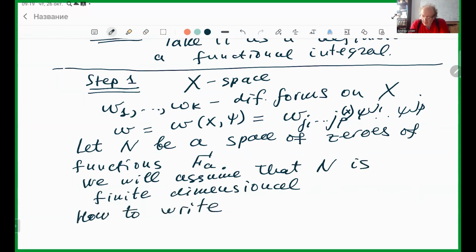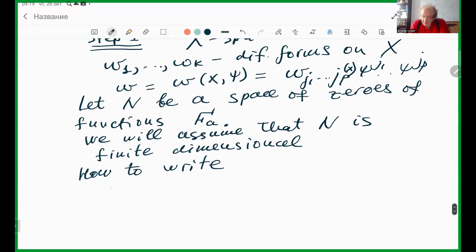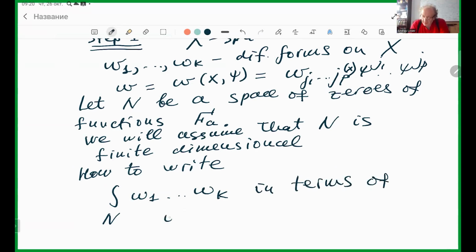How to write the integral over N of omega 1, omega k in terms of an integral over X?